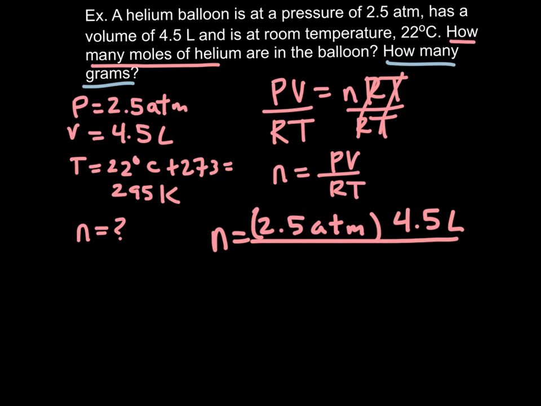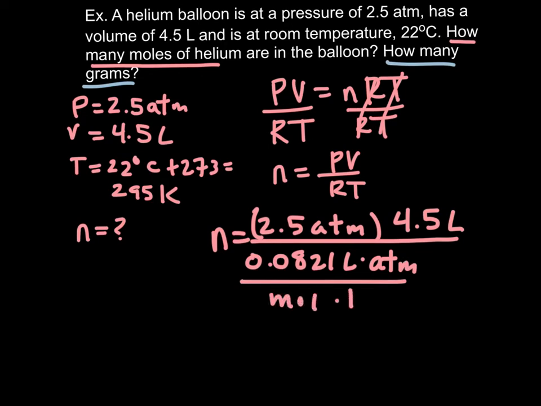If you did not write down those R values on the last slide, you must get those down in your notes. The atmosphere R value is 0.0821 liters times atmospheres over moles times Kelvin. So that's a big old R value. And then we multiply by T, our temperature, of 295 K.